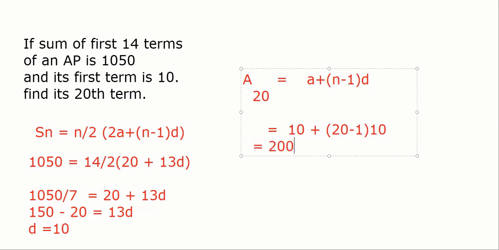How much did we get? 200. That's it. Whichever way, but I prefer this way, where we always use what is directly given. Okay, that's it. Any question, anyone? Let's move on and do a little more difficult question.